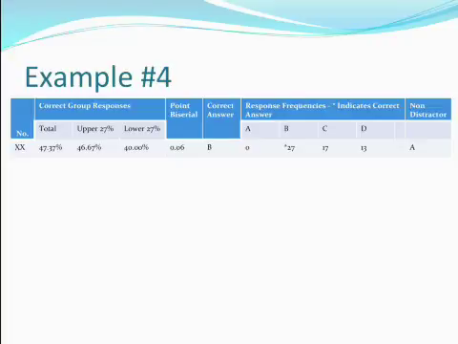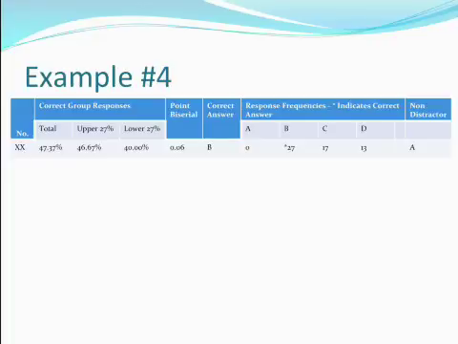Of the lower 27%, 40% got it correct. The point biserial is 0.06, a pretty low number. There are going to be some issues here, and we need to decide what we're going to do. No one selected A, so it's a non-distractor. 27 selected B, 17 selected C, 13 selected D.